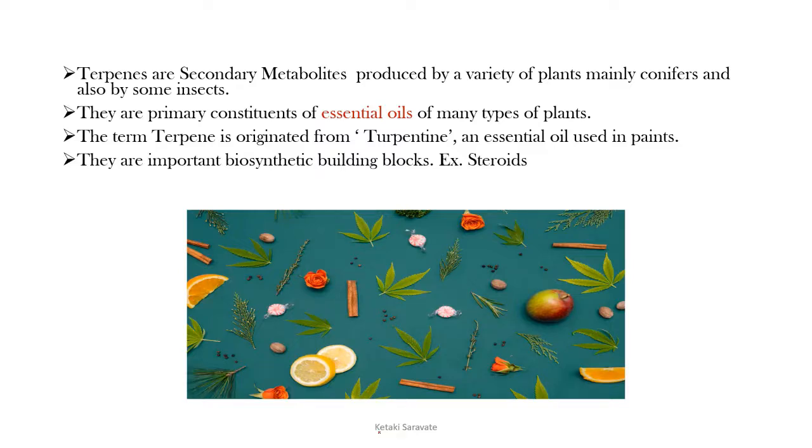What are terpenes? They are secondary metabolites produced by a variety of plants, mainly conifers, and also by some insects. They are primary constituents of essential oils of many types of plants. The term terpene originated from the term turpentine, which is an essential oil used in paints. They are important biosynthetic building blocks, for example, steroids.